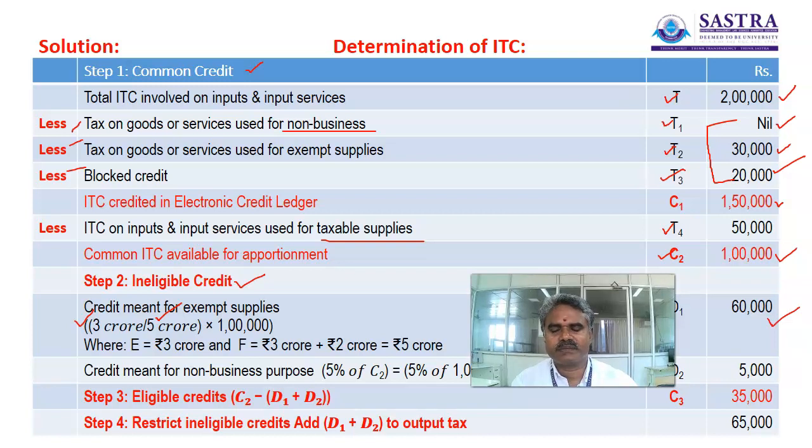They have a non-business purpose, so even if it is available or not, you calculate 5% on C2, 5,000, so total 65,000. So restricted 35,000. It should be added to output tax. So this is the way of calculating or determination of ITC.